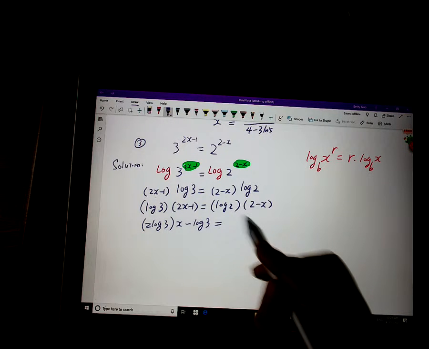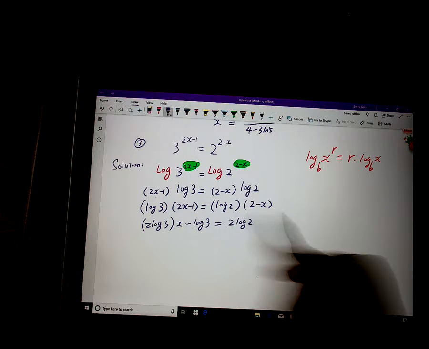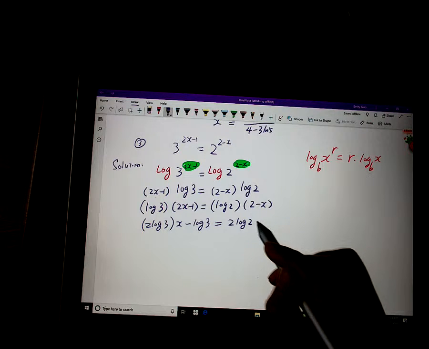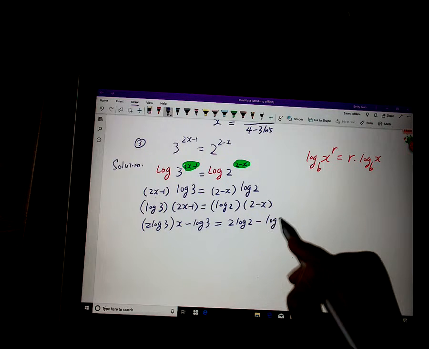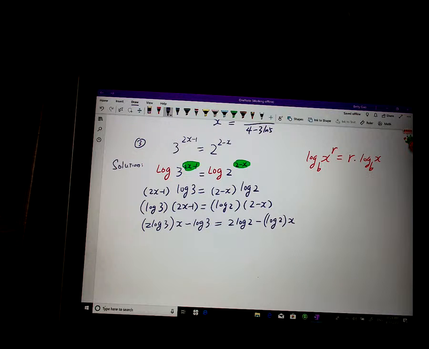On the right, log 2 times 2 is 2 log 2. Log 2 times negative x is negative log 2 times x. So you see 1, 2, 3, 4 terms. This term and this term have x. Those two terms have no x.